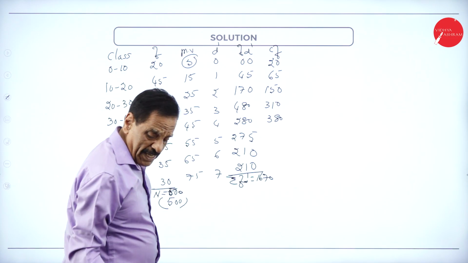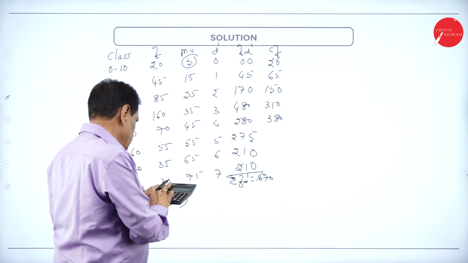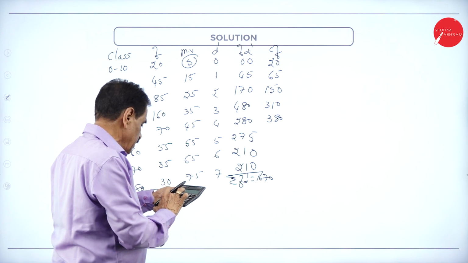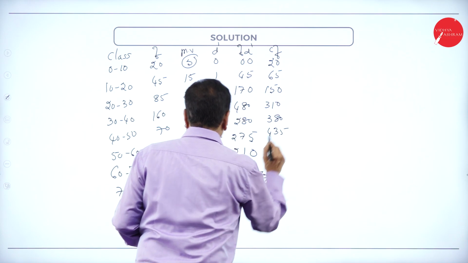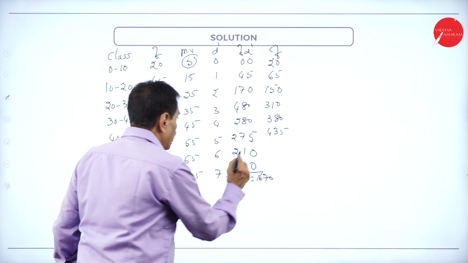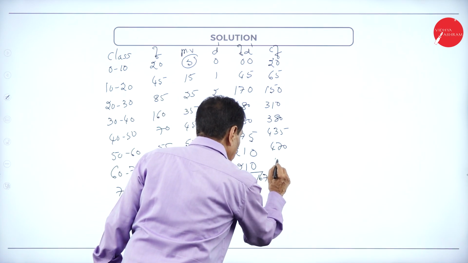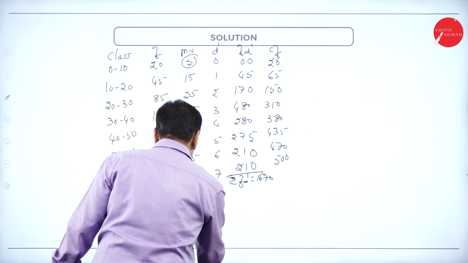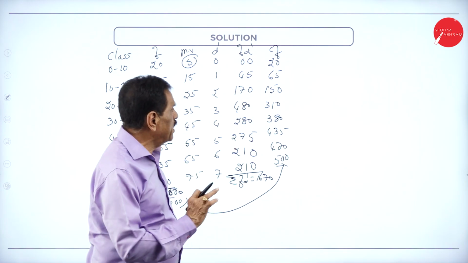Add 55, 435. 435 plus 35, 470, add 30, 500. This should be equal to n. They want mean, they want median, they want mode.